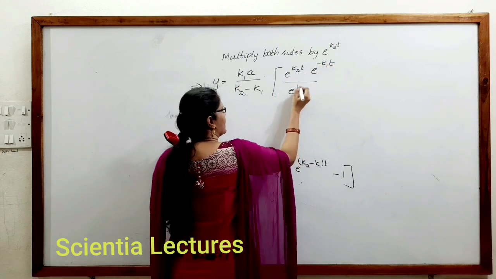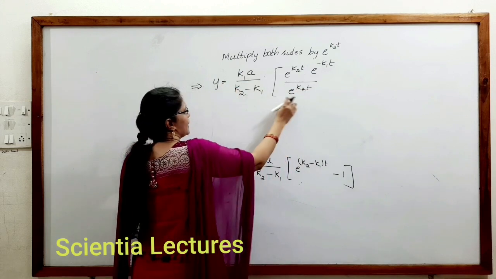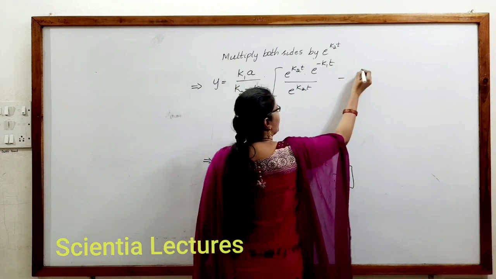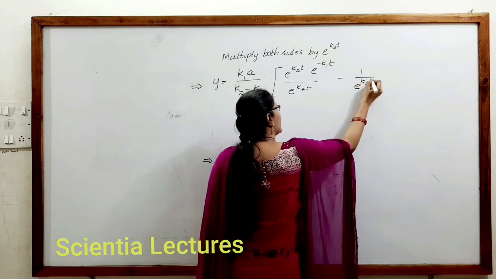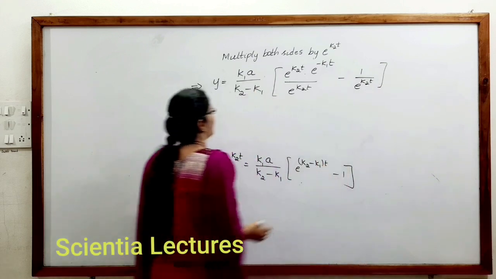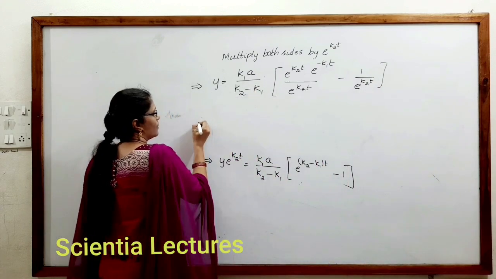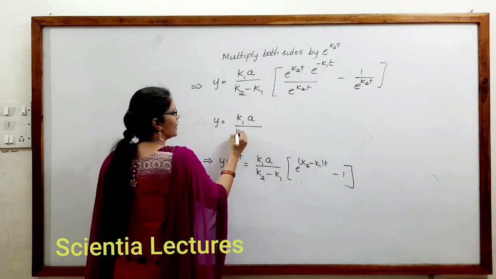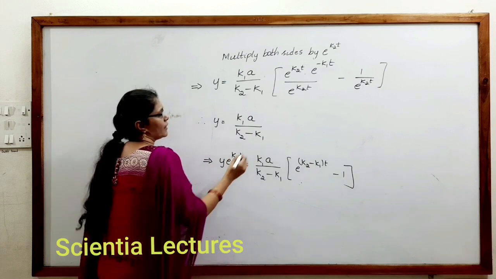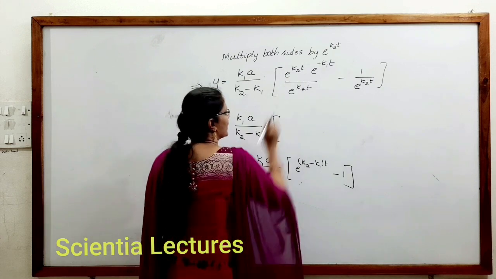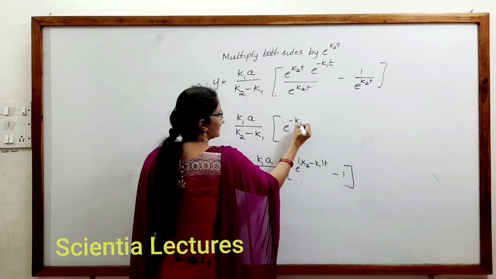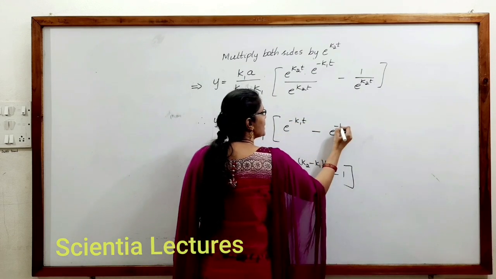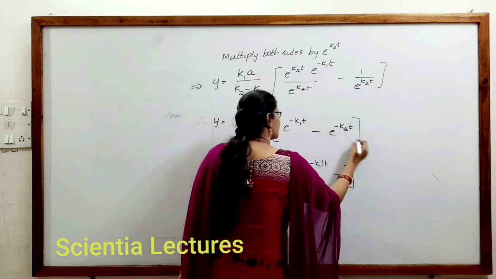Dividing by e^(k2 t) on this side, it becomes e^(k2 t) over e^(k2 t) minus 1 over e^(k2 t). Therefore y must be equal to k1 a by (k2 minus k1) into, e^(k2 t) gets cancelled, e^(minus k1 t) minus, if this comes to the numerator, e^(minus k2 t).